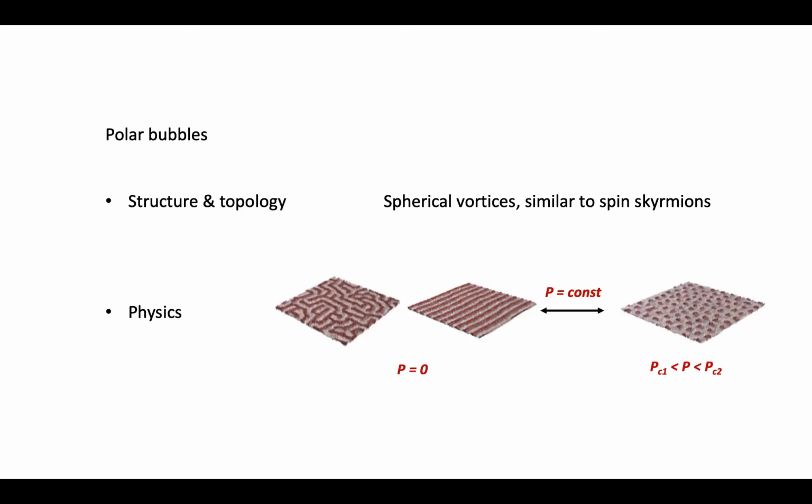And in terms of physics, what I would like us to keep in mind is that bubbles are intrinsically related to the nanostripes or polar vortices, either in the disordered glassy realization, like labyrinths here, or in the crystalline realization, like nanostripes. And essentially, it's the value of polarization that determines whether your structure is going to be bubble-like or labyrinth-like.